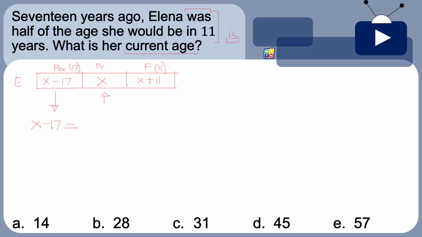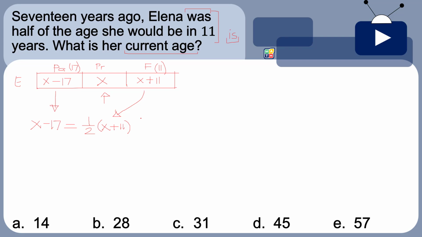Elena was, that's equals, half, that's how we translate it, of the age she would be in 11 years, so X plus 11. 17 years ago, so you'll be using this, not the others. 17 years ago, Elena was, that's equals, half of the age she would be in 11 years. That's how we translate this situation into this algebraic equation.